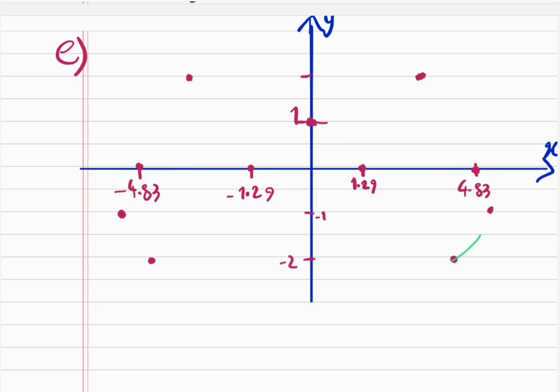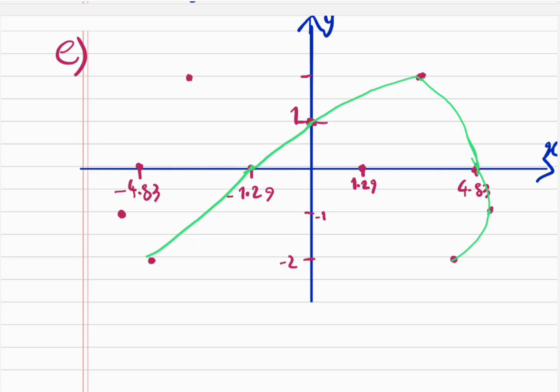All right, at this point we have all the points that we need, and now it's all about matching them. So we can start from here, go like this. Sorry that it's not super accurate. Then it goes to the y-intercept, and from the y-intercept it goes to the x-intercept, and then to the stationary point. It's not a straight line, it has to be a curve, so it's very hard to properly draw that here.